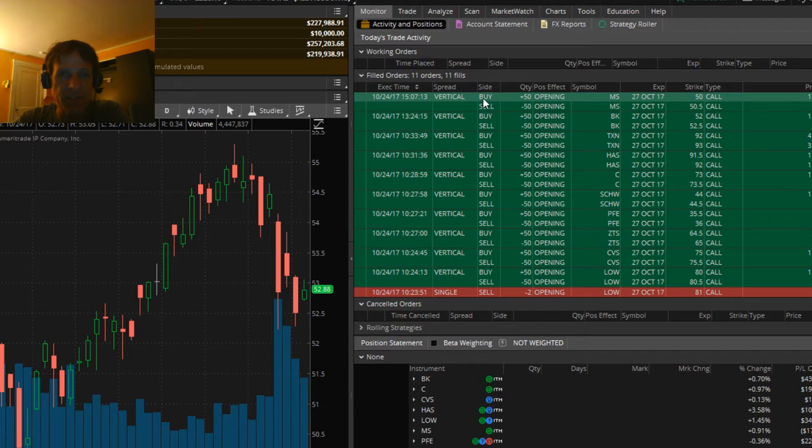You see these positions, they're all basically the exact same. Buy 50 contracts, sell 50 contracts, and the first one that I buy is always less than the one that I sell. Bought the 50, sold the 50 and a half. Bought the 52, sold the 52 and a half. Bought the 92, sold the 93. Bought the 91 and a half, sold the 92.